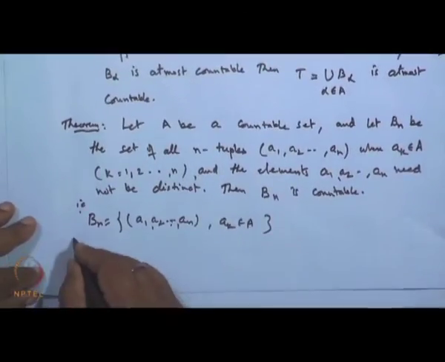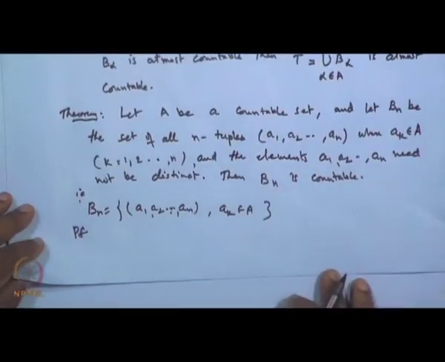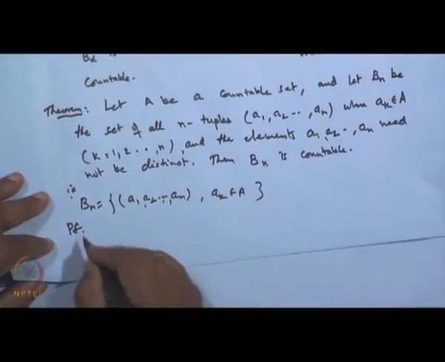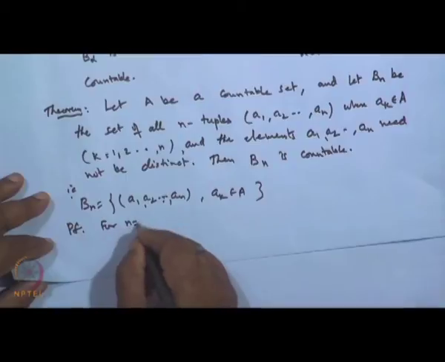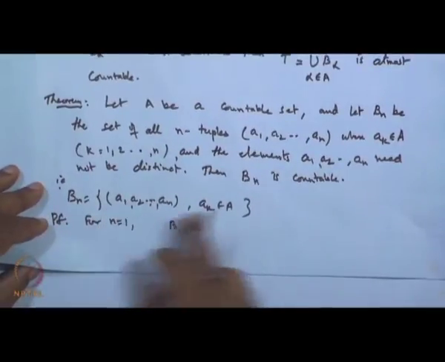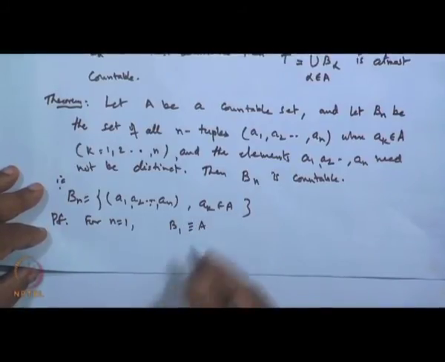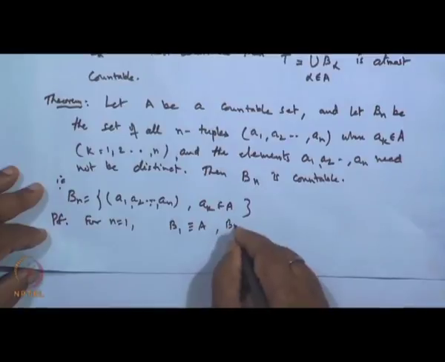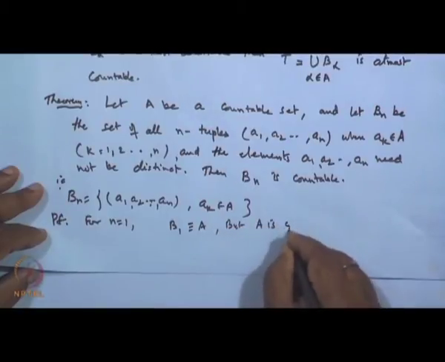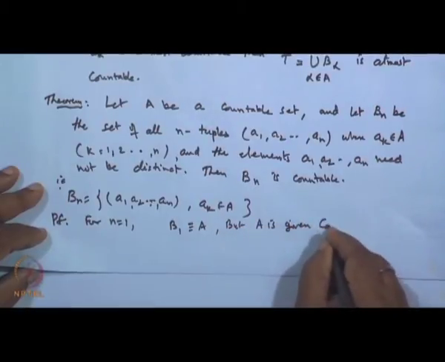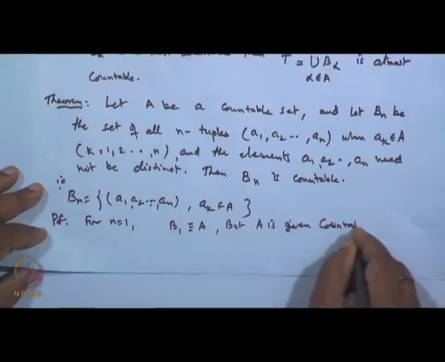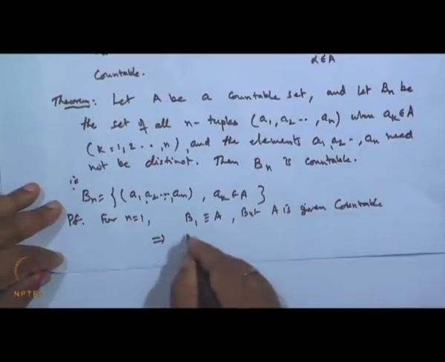This will be proved by induction. So, what is our B1? For n equal to 1, B1 is basically only a single element A1. It means B1 coincides with A, but A is given countable. So, once it is countable, this implies that B1 is countable.